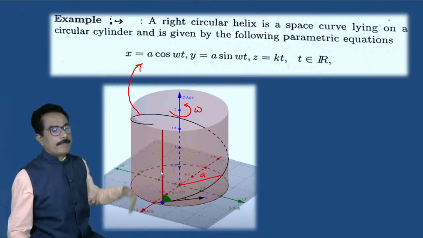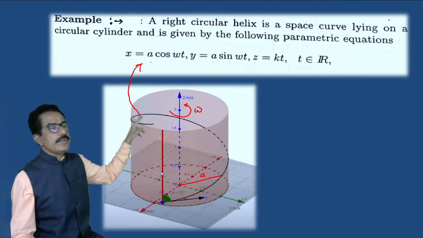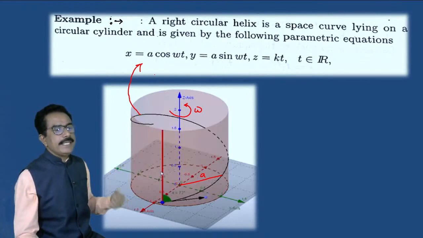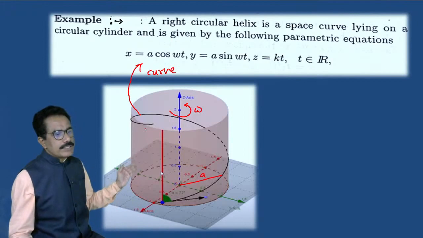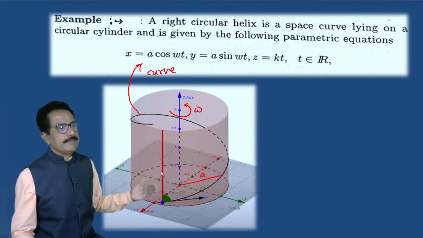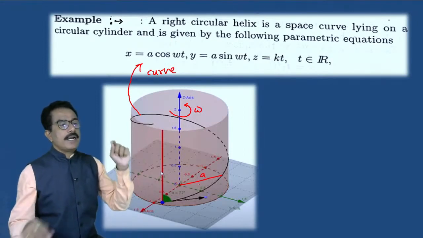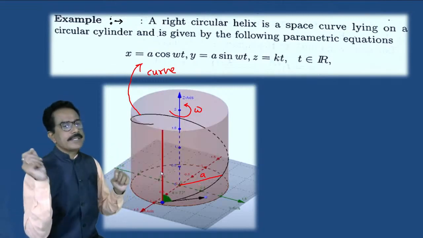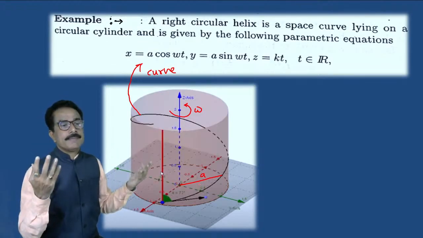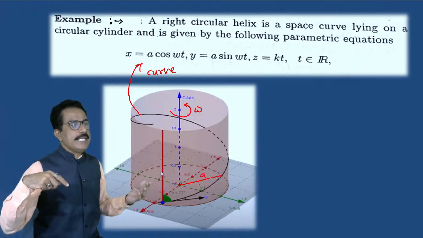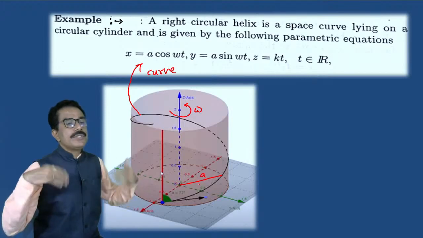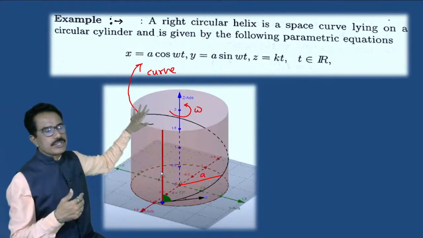Equation of this curve: x equals a cos omega t, y equals a sin omega t, and z equals kt. This is the curve, represented by the black line, given by a right circular helix in space, a curve lying on a right circular cylinder whose parametric equation is given by this.